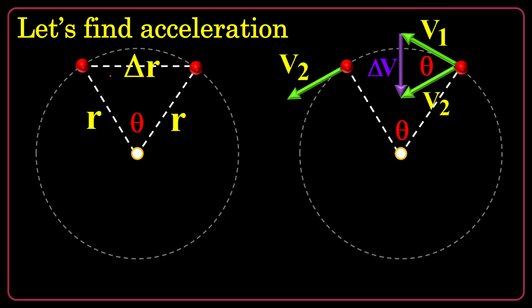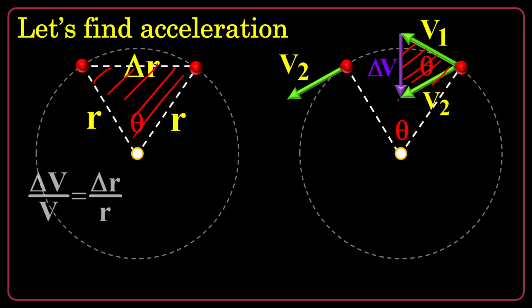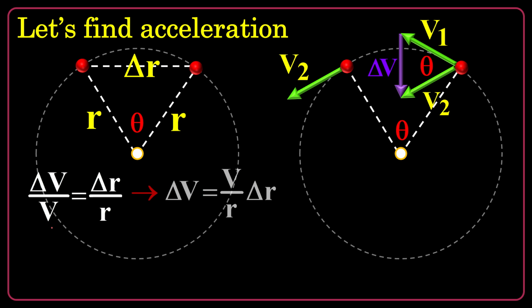By similarity of this triangle and this triangle, I can write the ratios of base and leg. Base over leg in the velocity triangle is base over leg in the radius triangle. I will rearrange the equation like that: delta v is equal to v divided by r times delta r.